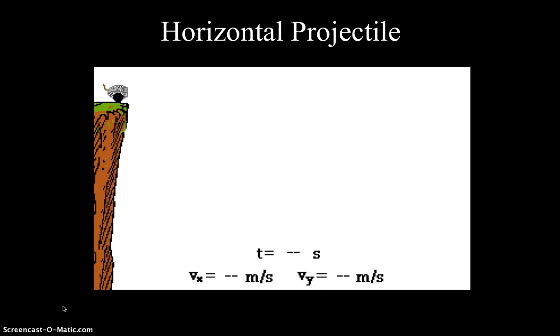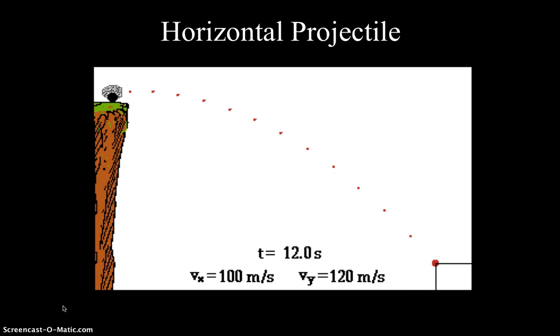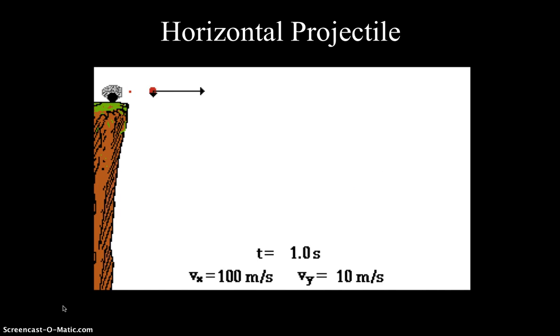We'll use this as our starting point to analyze the motion. Look at this cannonball being fired from the cannon. Ignoring air resistance, it will travel a pretty consistent path. Each of those red dots represents 1 second intervals.